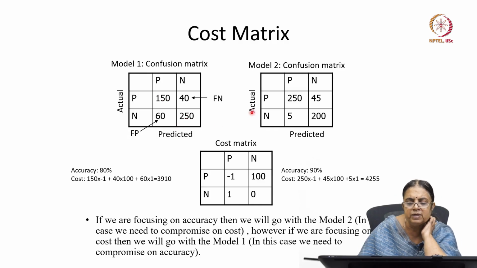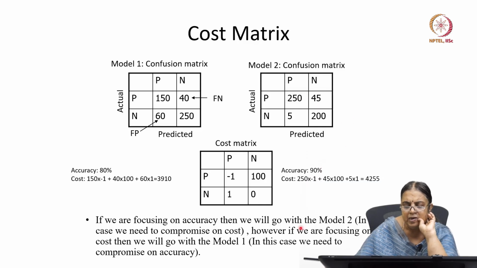Whereas in this case you find that there are more patterns, it seems to be more imbalanced. So if you use the cost for evaluation, you find there's a variation. If you go with the accuracy, you will go with model 2 basically.